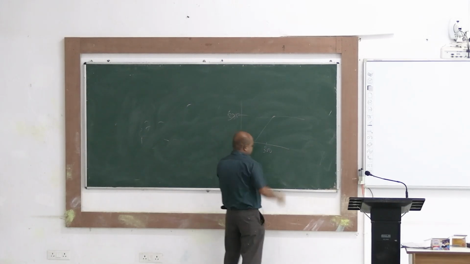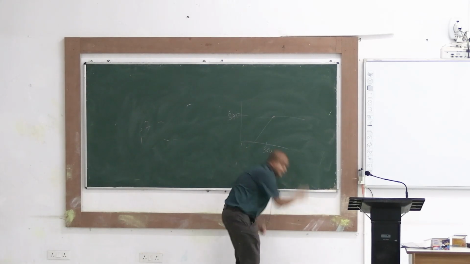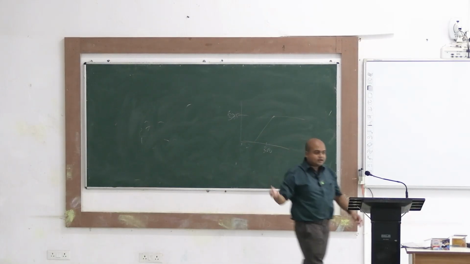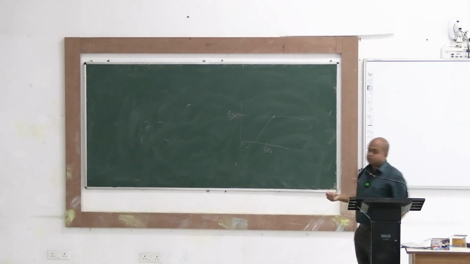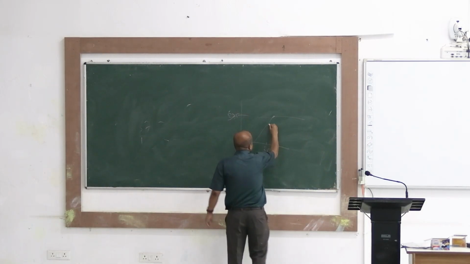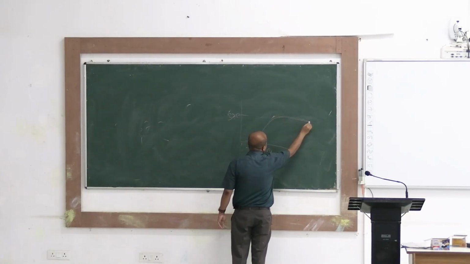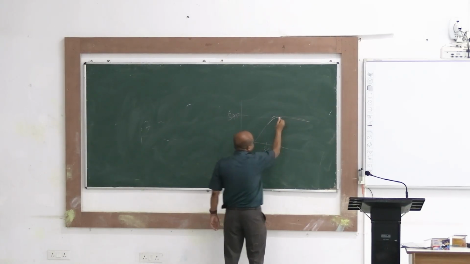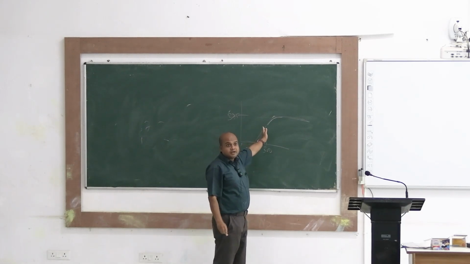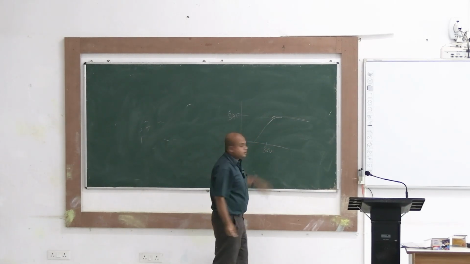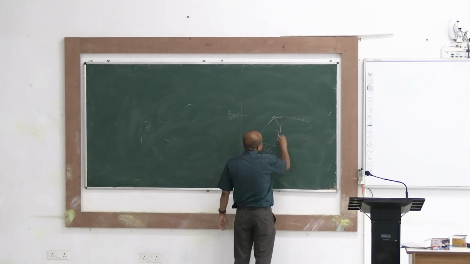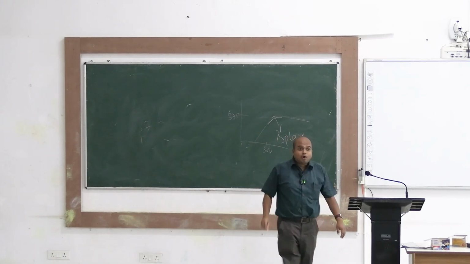Up to one point, it is reabsorbed and then everything is excreted. It is not possible to reabsorb. But the curve actually does not become like this. The curve shows like this. At this point, it is a little curved. This area is called splay. Splay means it is a deviation from the original.